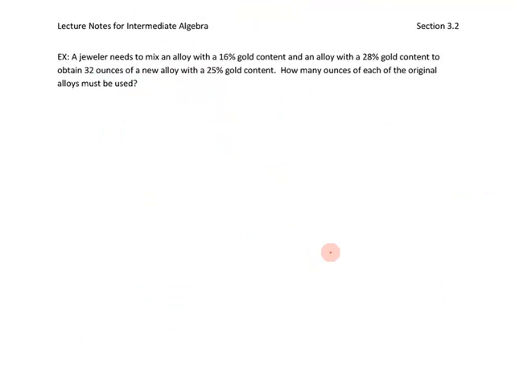Here we have a similar mixing problem. Instead of mixing investments, however, we're going to be mixing an alloy. A jeweler needs to mix an alloy, alloy being a metal solution.